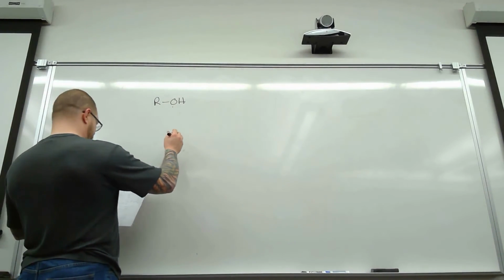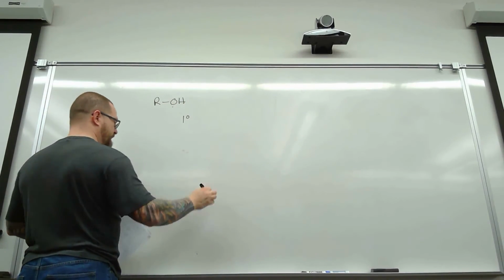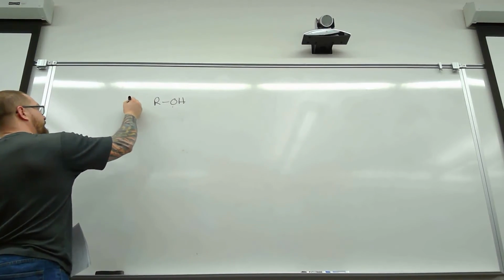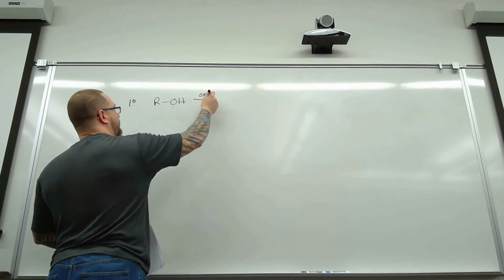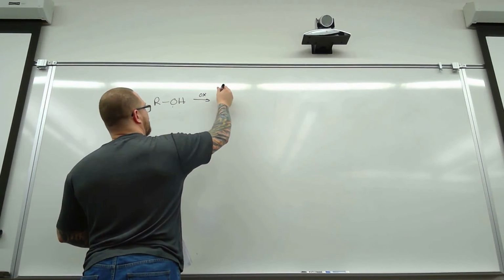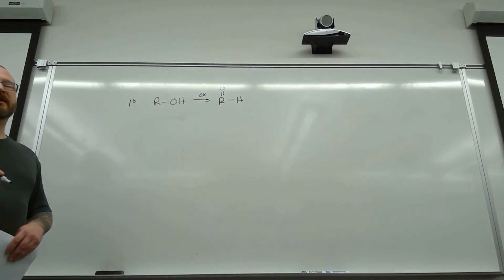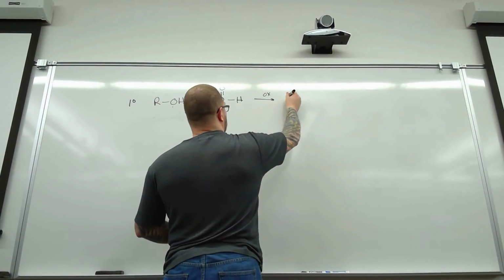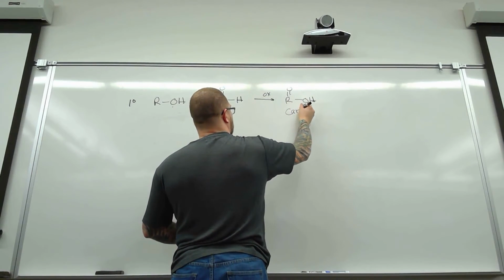If you have a primary alcohol, like this, the first oxidation is going to be an aldehyde. The second oxidation possible is a carboxylic acid.